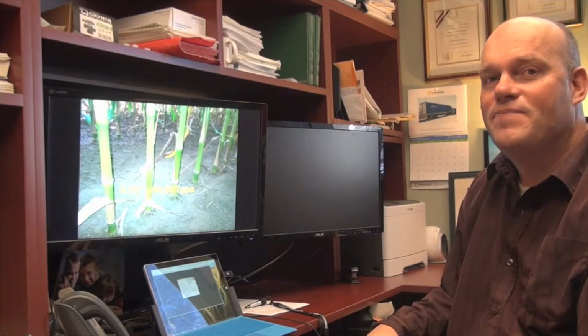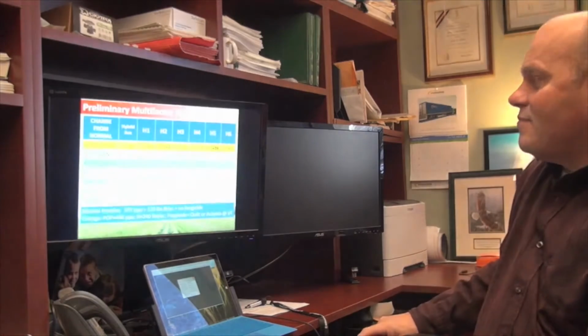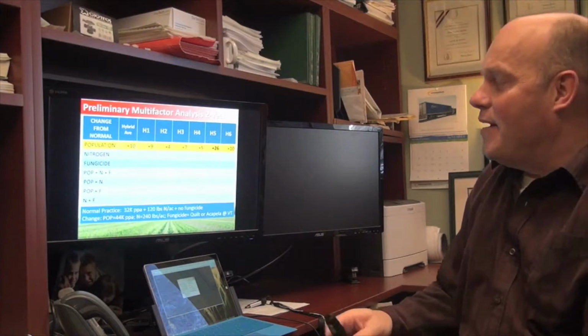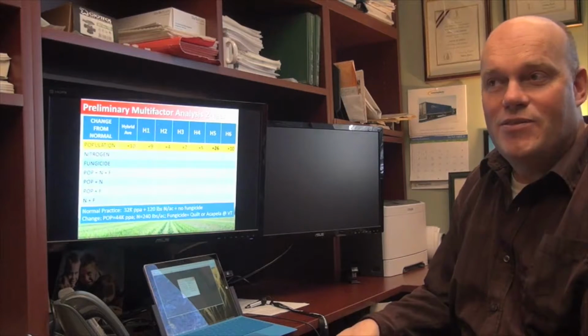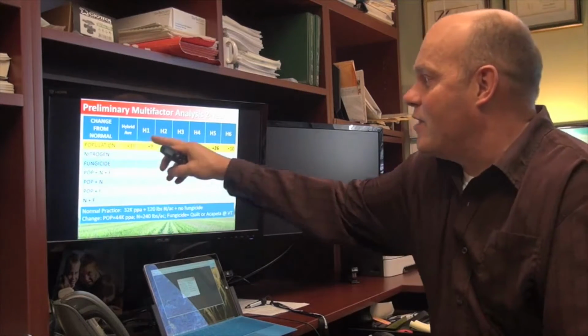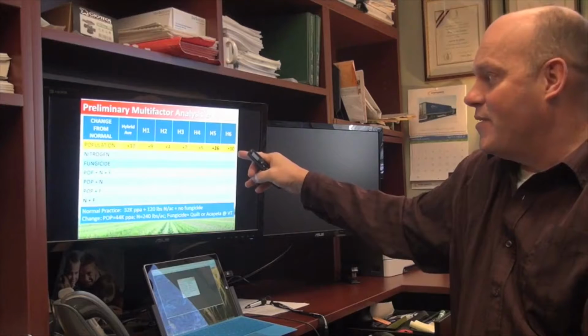So we looked at all of those factors together in combination: fungicide, population, and high nitrogen rates, and looked at all combinations of those factors to see if there's any of those synergistic inputs like we saw for the wheat. What did we find? Well, we found some very interesting results. We looked at all these factors across six different hybrids. That's right.